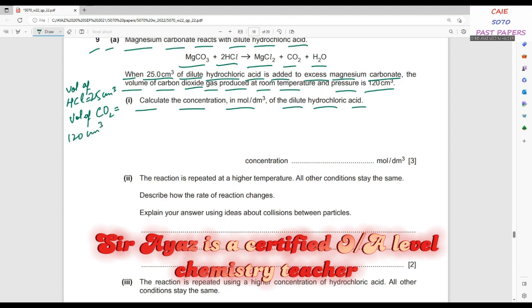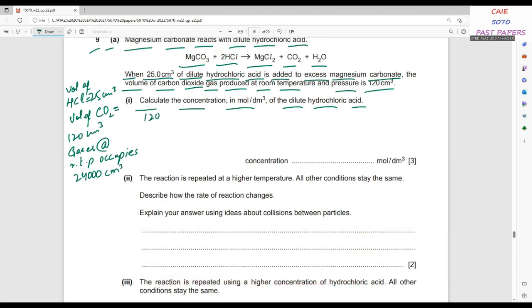We know that at RTP, all gases occupy a volume of 24,000 cm³. So you'll divide 120 by 24,000 in order to get the moles of carbon dioxide. 120 divided by 24,000, you will get 0.005 moles of carbon dioxide.